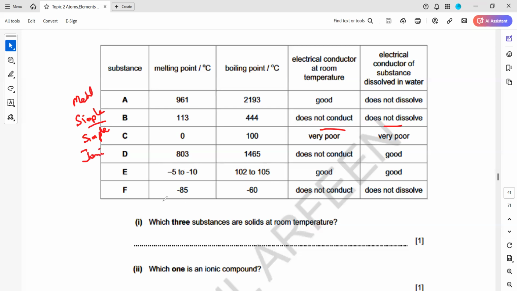What about E? E is an impure substance, so it can be a mixture.